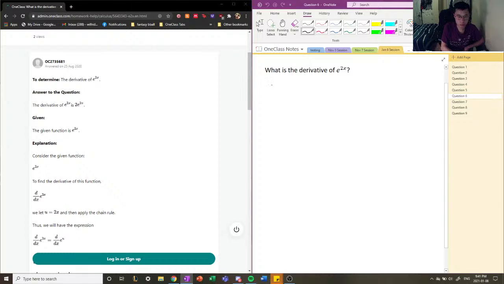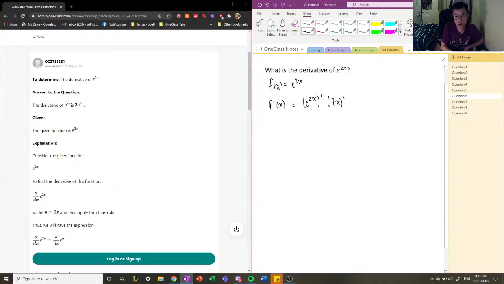So if they gave us f of x equals e to the power of 2x, then we are asking to look for f prime of x. So f prime of x is going to equal (e to the power of 2x) prime times (2x) prime.